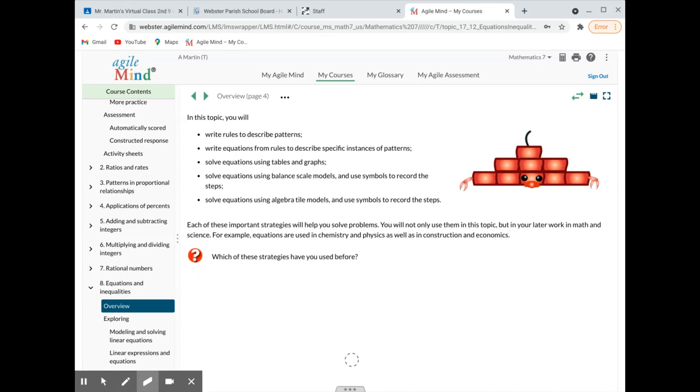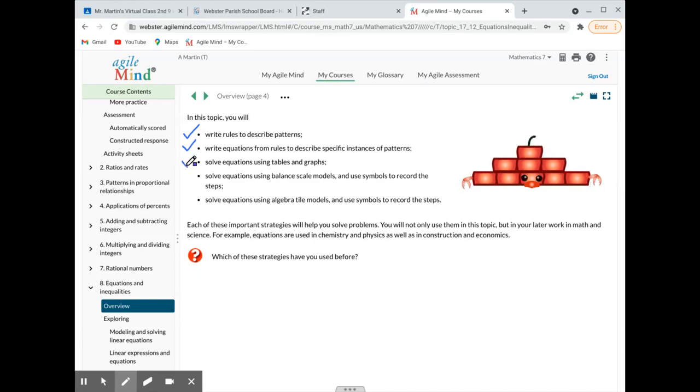So which of these strategies have we used before? Have we written rules to describe patterns? Yes. Have we written equations from rules to describe the patterns? Yes, sir. Have we solved equations using tables and graphs?